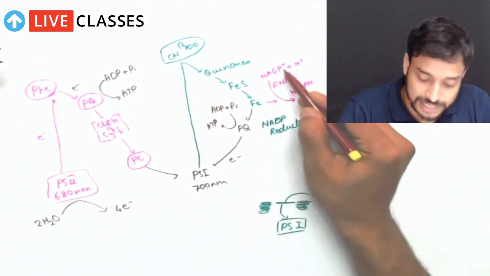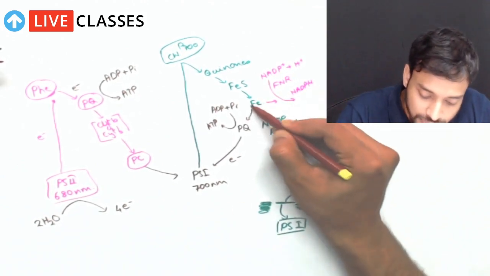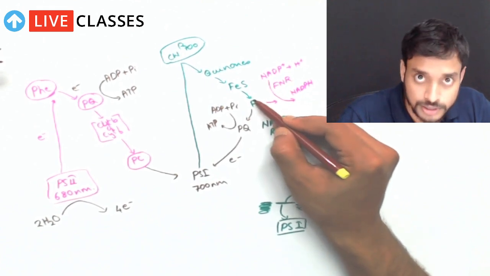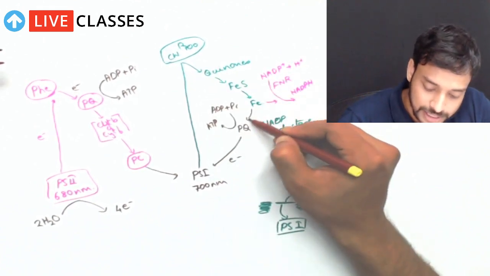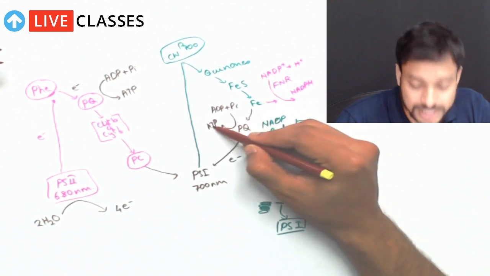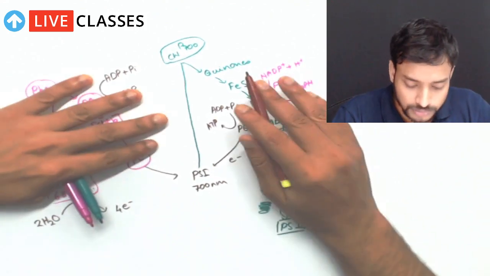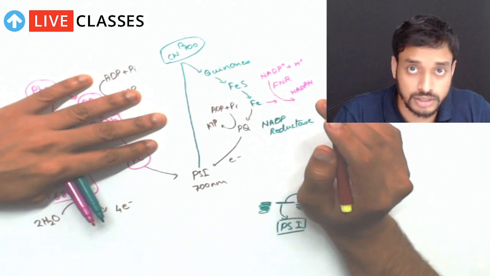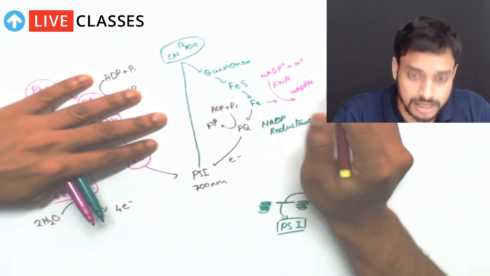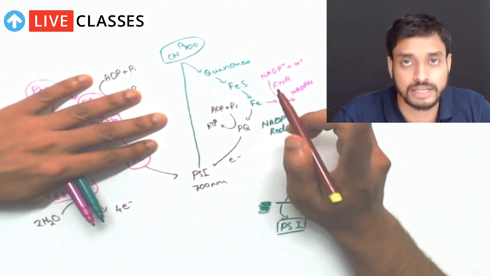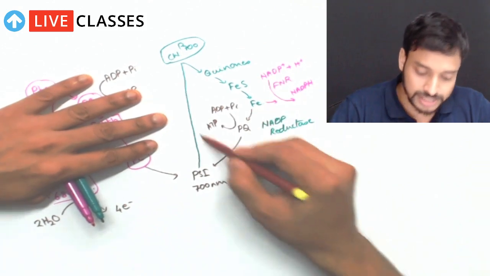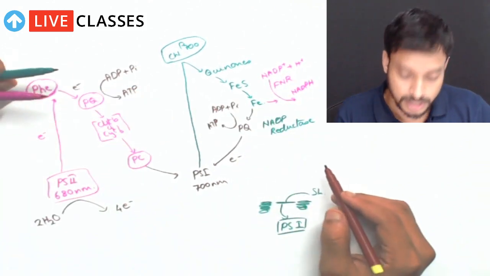It cannot form NADPH. So till ferredoxin, the electron is transferred in this process, and then it is transferred to plastoquinone, and in this process ATP is produced. So the ultimate result of cyclic photophosphorylation, if it is asked, you have to say one ATP molecule is produced, correct? So this is a cyclic process.